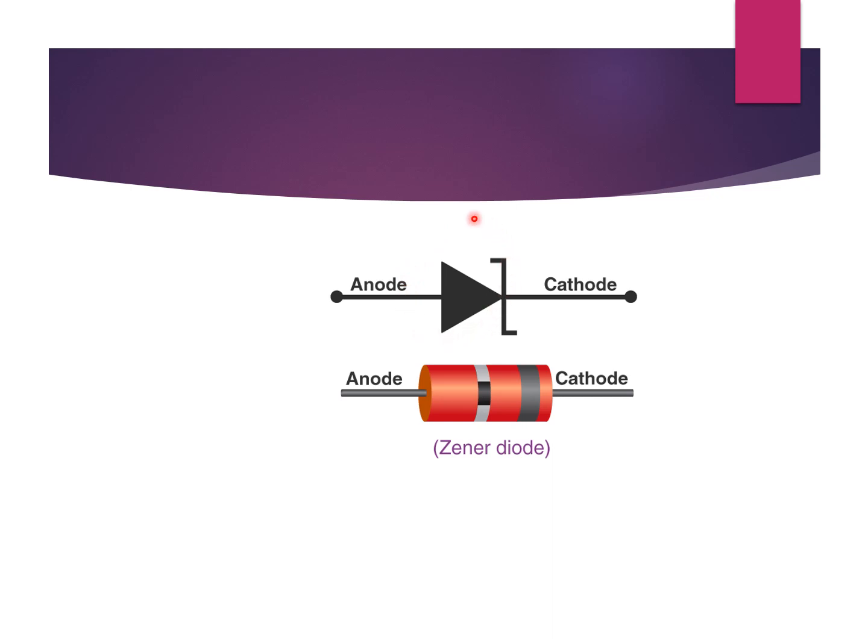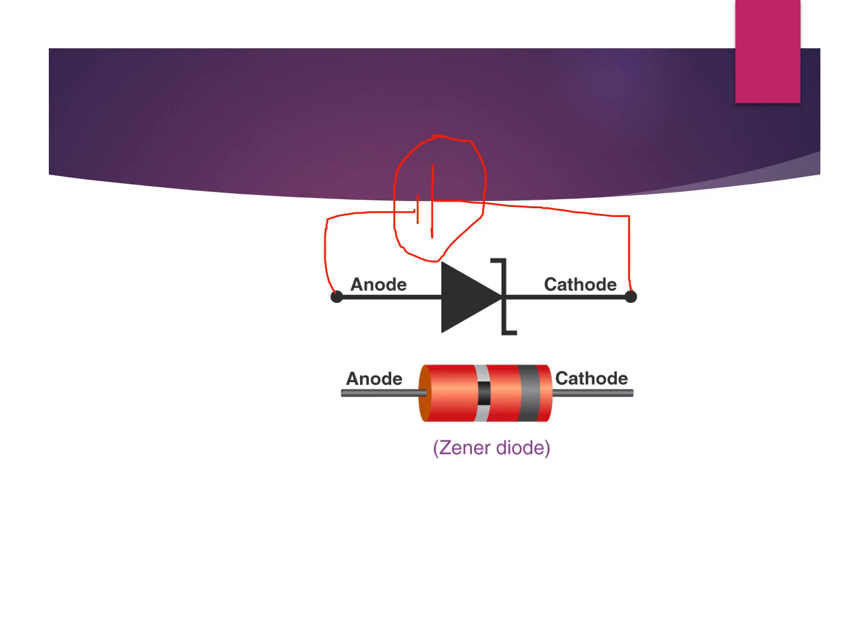Under reverse bias condition, your anode will be connected to the negative terminal, and your cathode will be connected to the positive terminal. When you have the reverse bias condition, you will see how the Zener diode is acting.